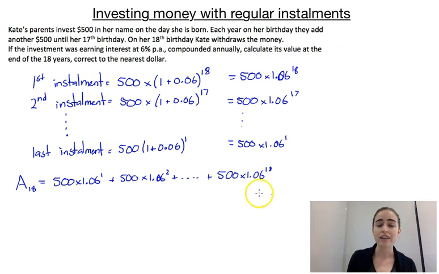Now, when we write it like this, we should be able to see that this is a geometric series, because each time we're multiplying by that 1.06 to increase the power until we get up to that 18. So that means it's a geometric series.